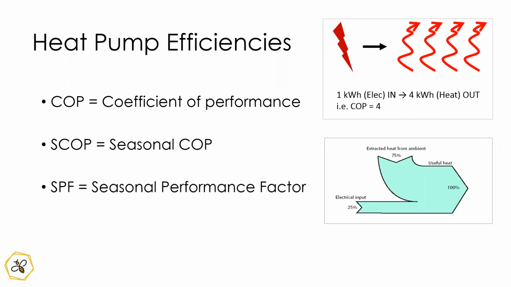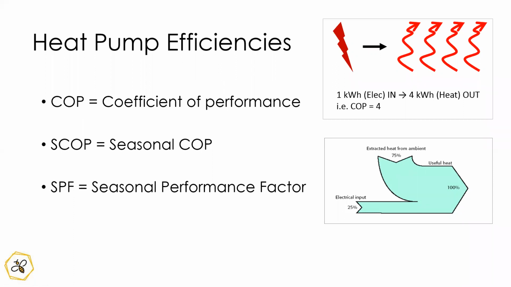And another way of visualizing this is if you've got useful heat, which represents 100%, then what you're saying is you're putting in 25% of that through electrical energy. The rest is being extracted from your ambient, your outside or ground.